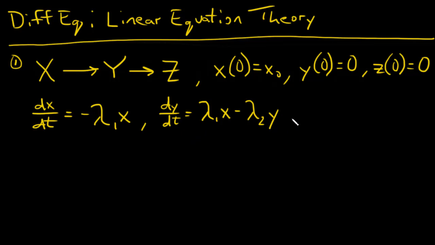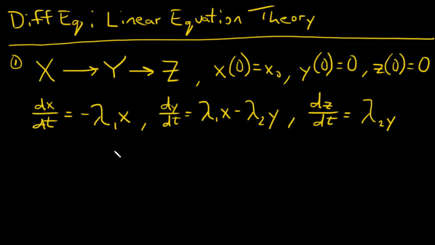And so finally we have dz/dt. Well, that's just the opposite of the rate of the stuff that's coming from y. Everything that leaves y comes into z, so it's going to be a positive lambda 2 y. So now that we have that, we have all of our initial conditions, we have the system.